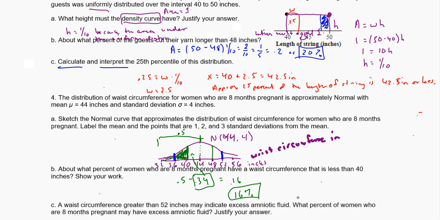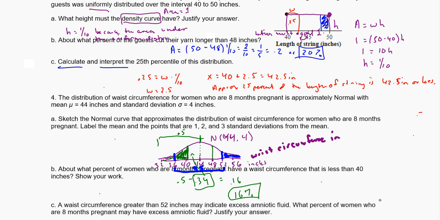All right, and so this portion right there that we're looking for, well, since this whole thing is 95% of the data, we know that both of these sections together have to be 5% of the data.